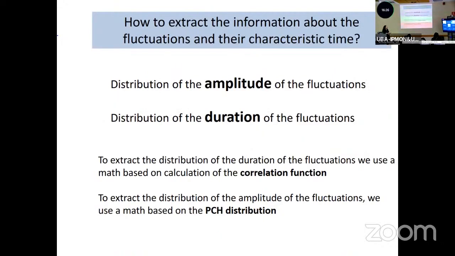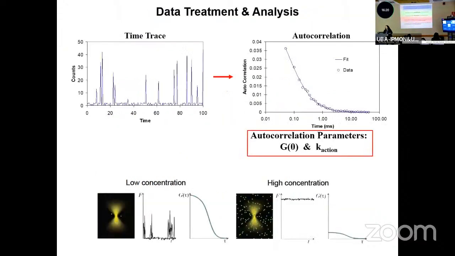So what we can get from the autocorrelation function is the distribution of the amplitude of the function. I did not talk about that.